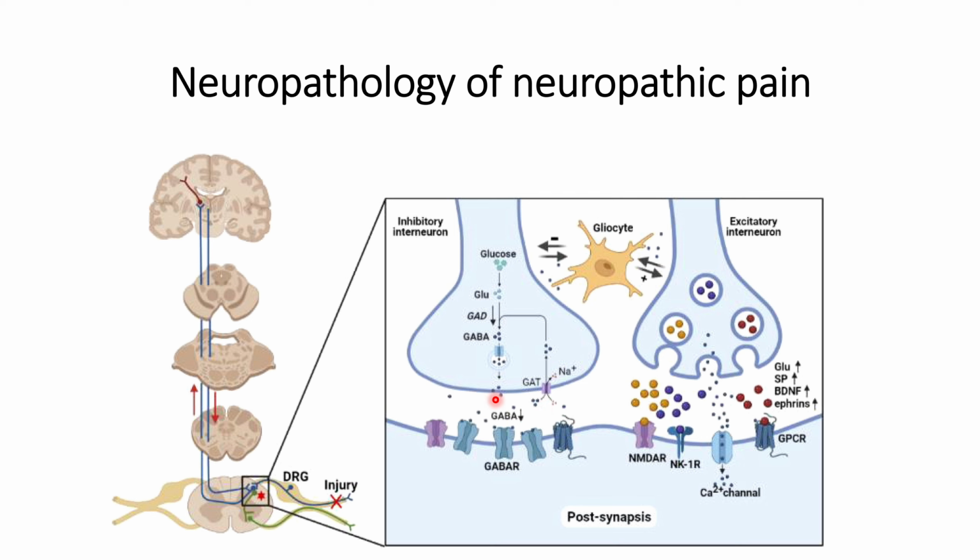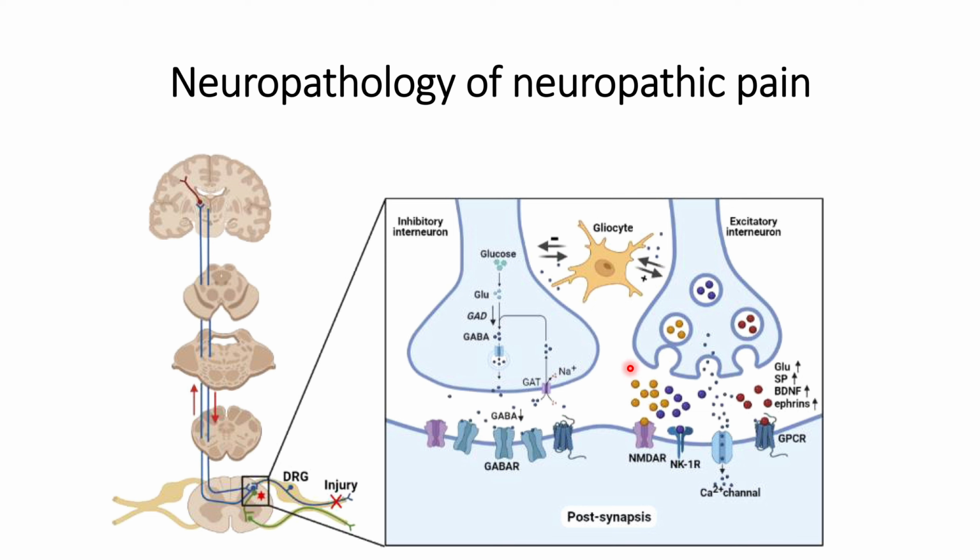GABA transport then occurs with the help of the GAT receptors, in exchange for Na+ ions, or sodium ions. Because of that, GABA can interact with the post-synaptic receptors, that is GABA receptors, and thereby it acts as an inhibitory interneuron.